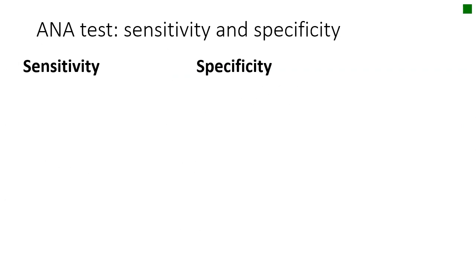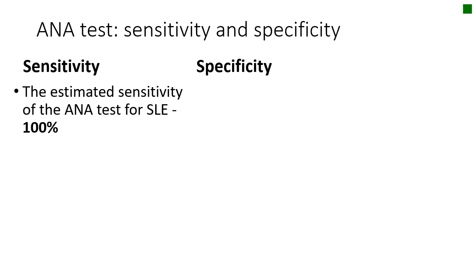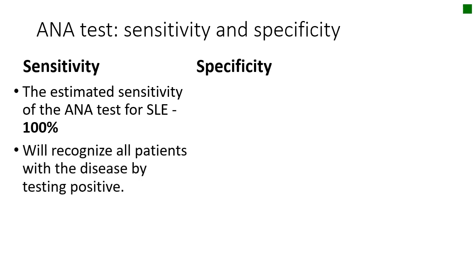Now, if we come to the ANA test, we have come to know that its estimated sensitivity is 100% for SLE, which means it will recognize all those patients with a disease by testing positive.